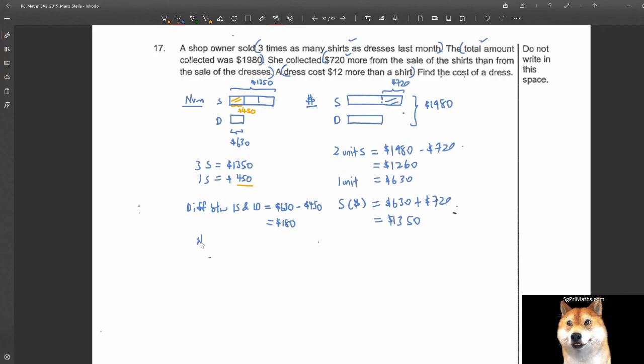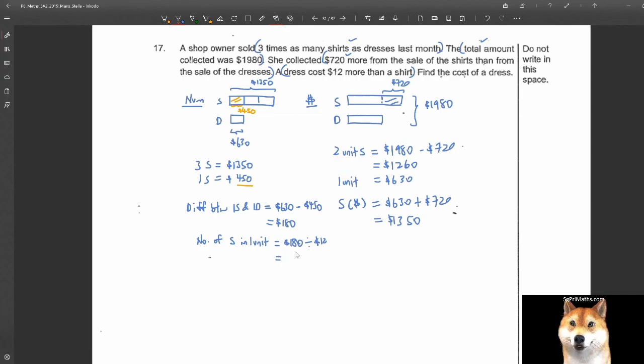So the number of shirts or dresses in one unit equals $180 divided by, that's the overall difference, we divide by the money for one difference.